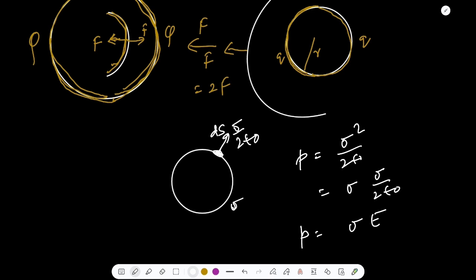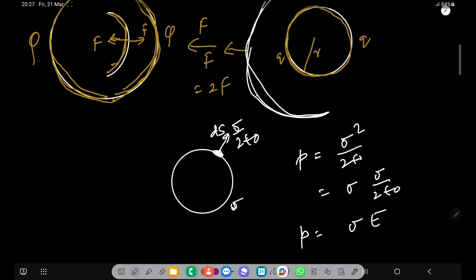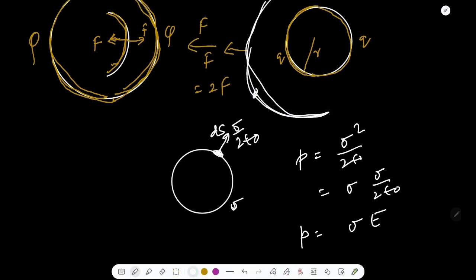So I'm going to find one more thing, that the pressure at any point of this larger hemisphere, in this case, can be simply written as its surface charge density, sigma of the larger hemisphere, multiplied by the electric field acting on it.